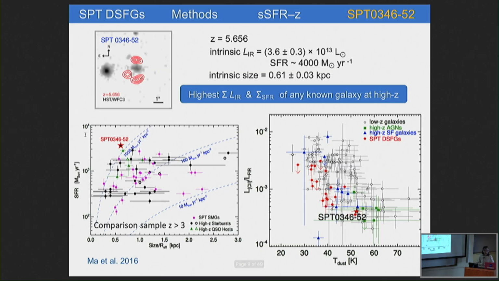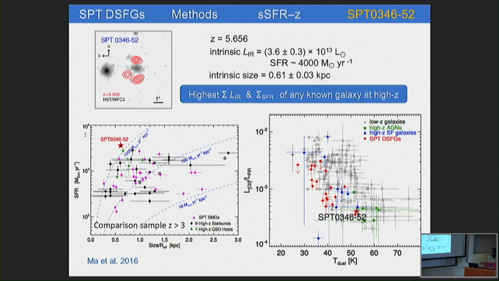Why is this so special? This source is at redshift 5.7. It has a huge intrinsic infrared luminosity, and the inferred star formation rate is about 4,000 solar masses per year, with a relatively small size. It turns out to have the highest infrared luminosity surface density, or star formation rate surface density, of any known galaxy at high redshift.